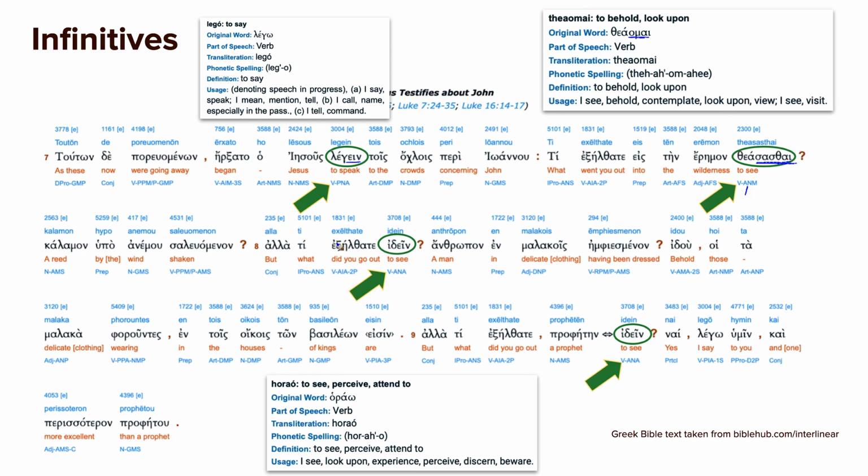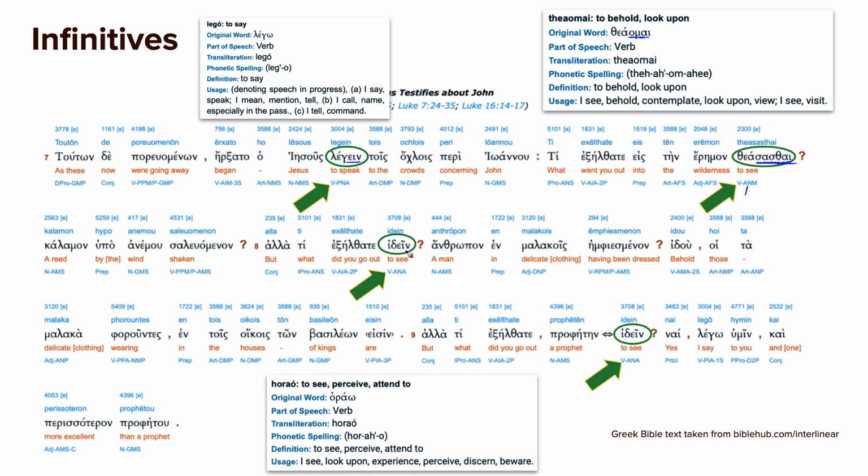And again, what did you go out to see? Idein. Notice it's a different form of see. In theaomai, it's more like to look upon, to behold. This is where we get theater. So it's a little bit more like to stare at something and admire it, or to look at it for a while. Whereas idein comes from horao, and that means to see, perceive, attend to.